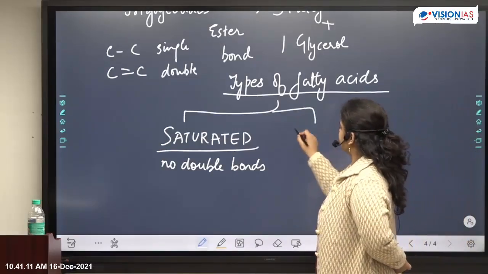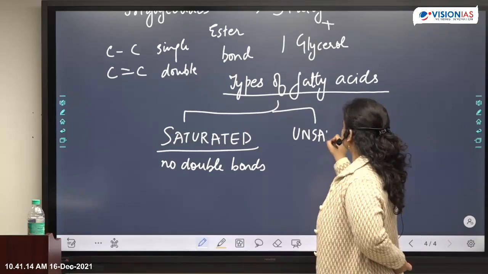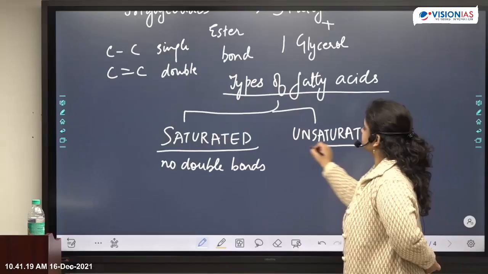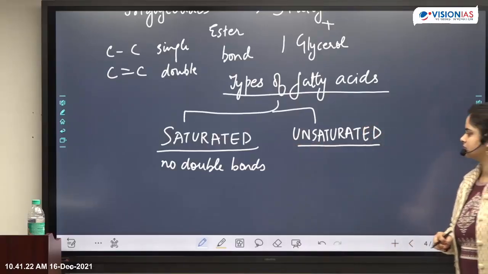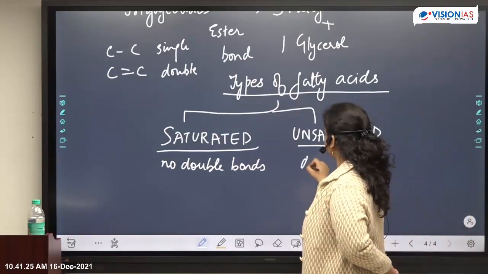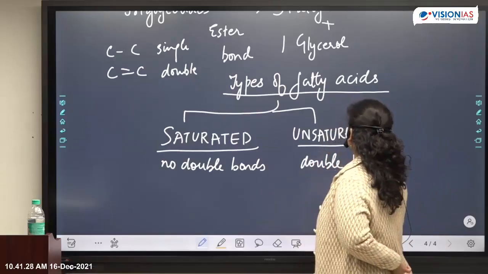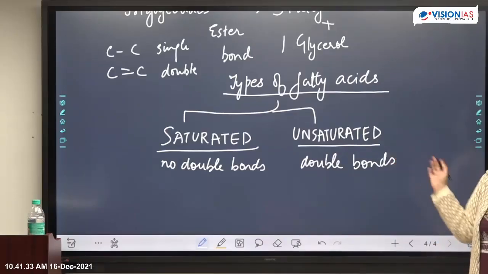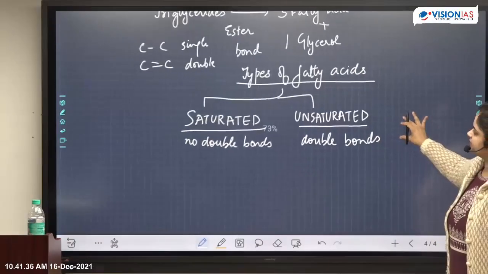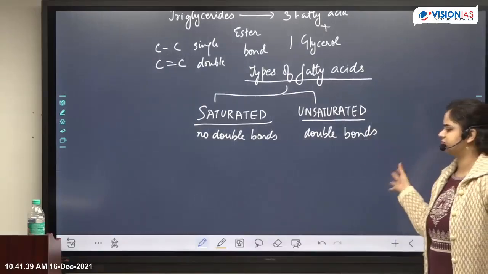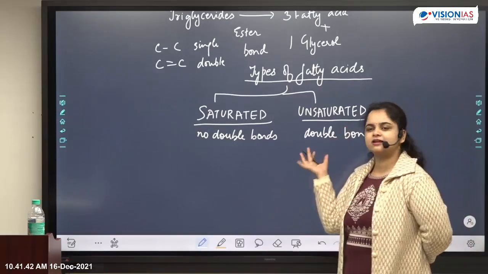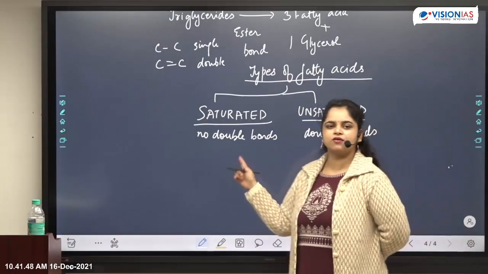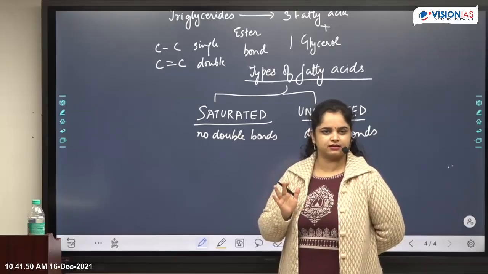The second kind is unsaturated, so here you have presence of double bonds. So 2 main categories, right? There's nothing I will be dictating here. Please copy this as such. If there is a double bond present, we call it unsaturated fatty acid. If there is no double bond, we call it saturated. As simple as that.